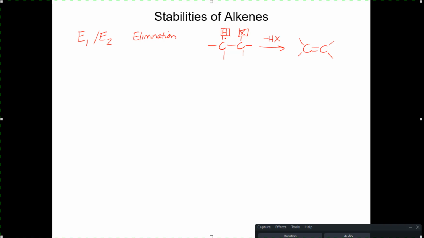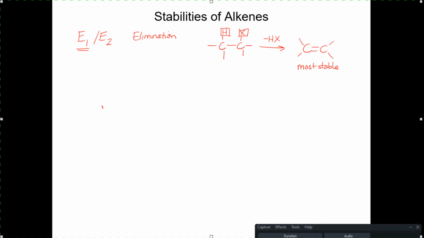And the major product of this reaction in terms of E2 is going to be the most stable, not of the carbocations, but of the alkene. So we need our rules about what is the more stable alkene.